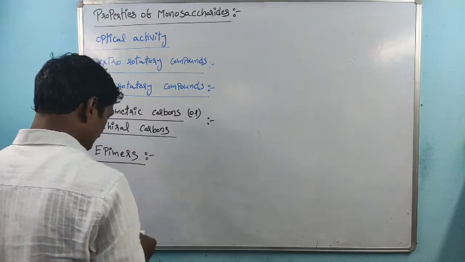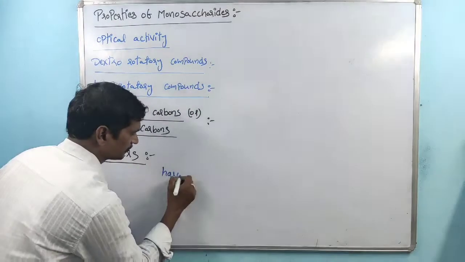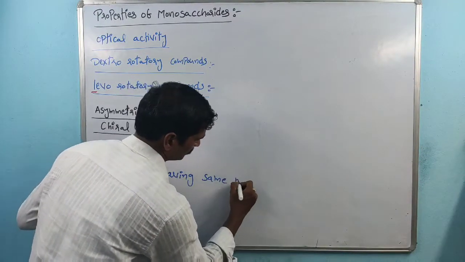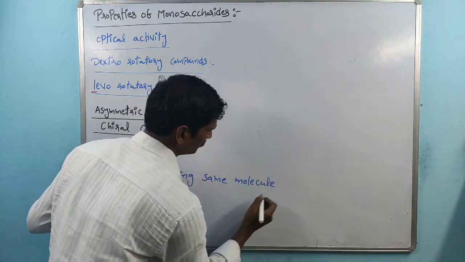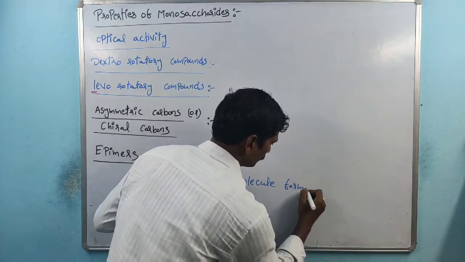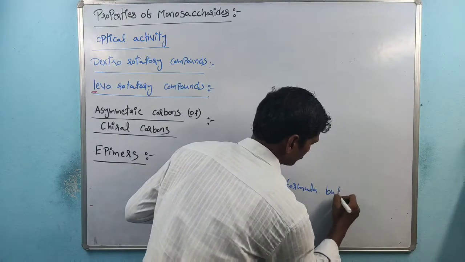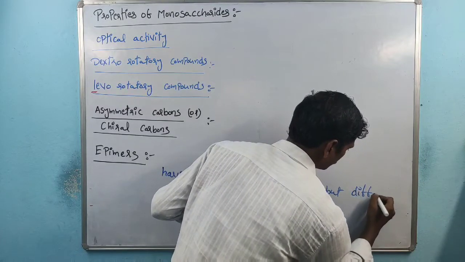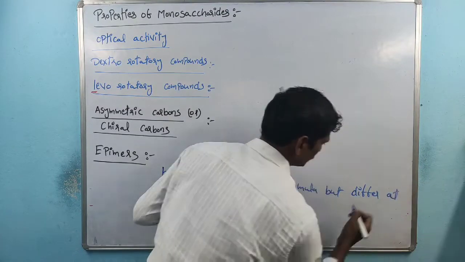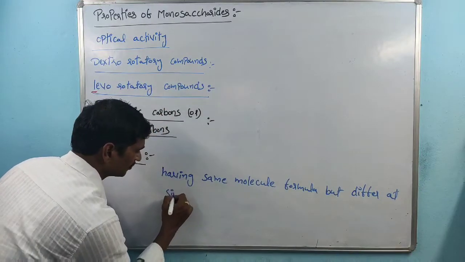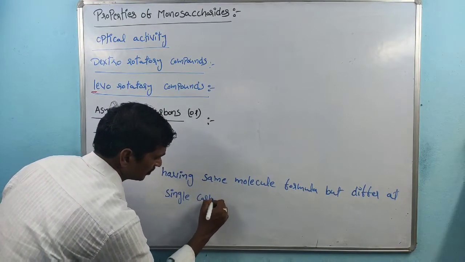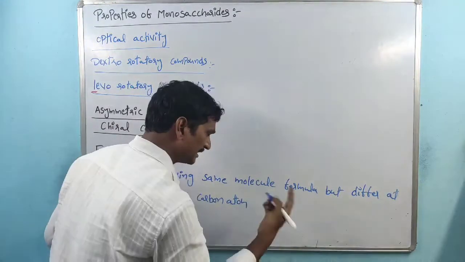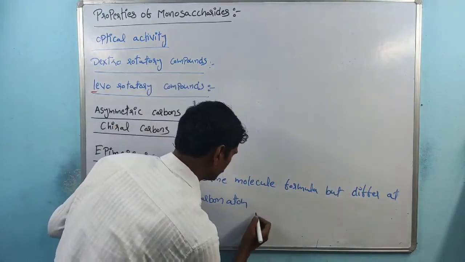For epimers, the definition is having the same molecular formula but differing at a single carbon atom in the arrangement of the functional group.